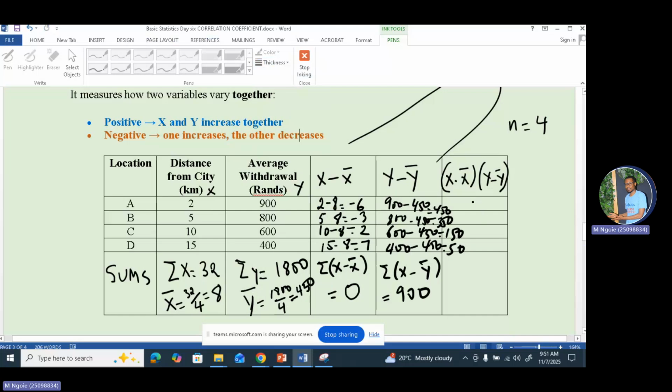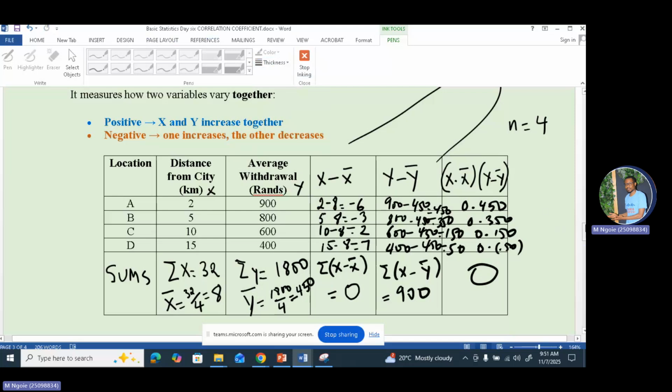And here is the multiplication. 0 times 450, 0 times like 350, 0 times 150, 0 times negative 50. Remember, it's gonna be here 0, right?